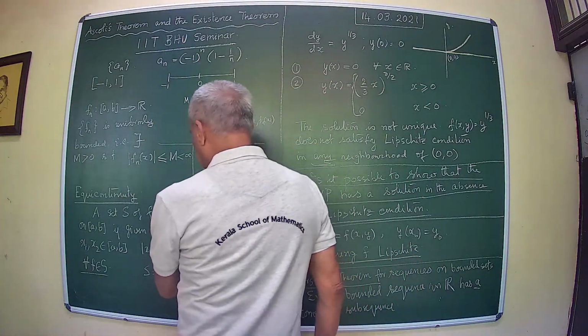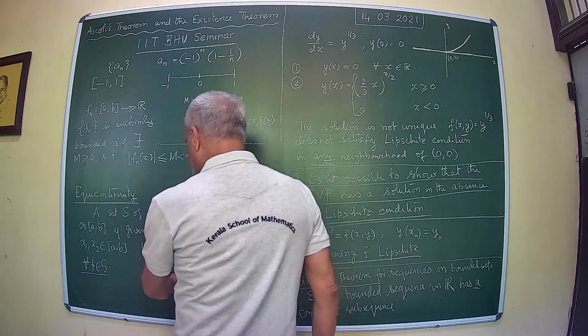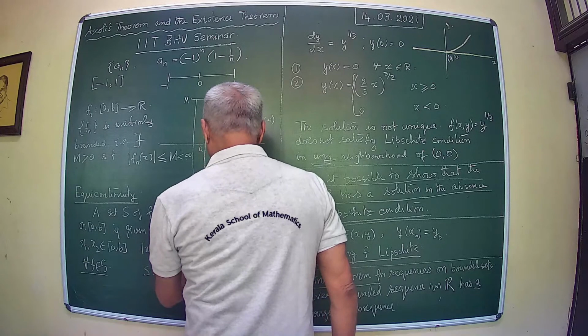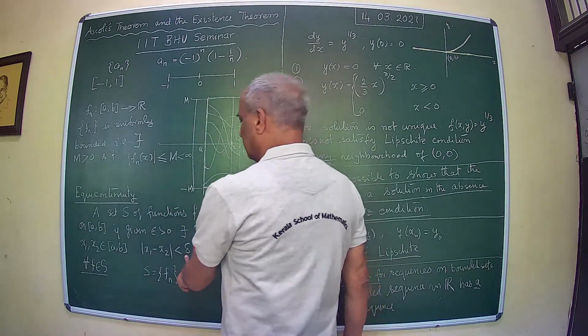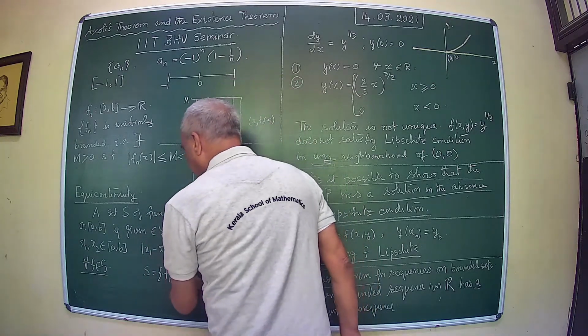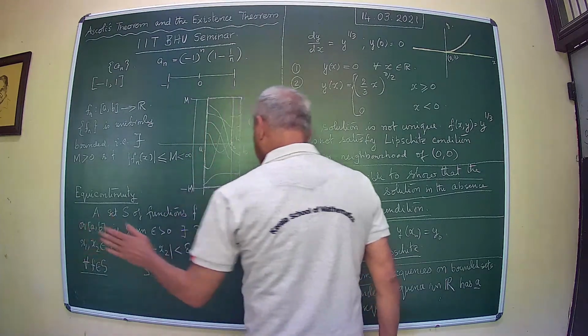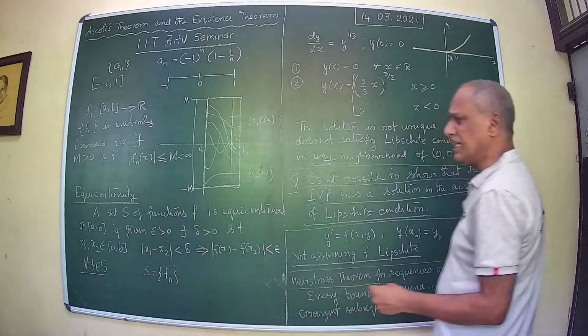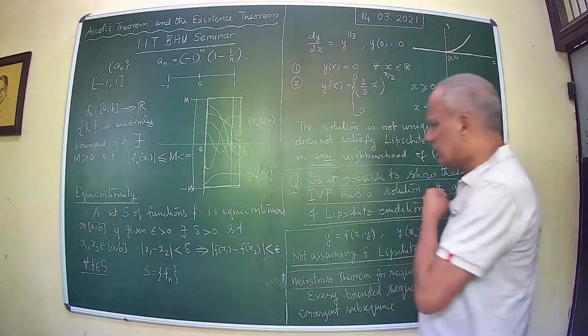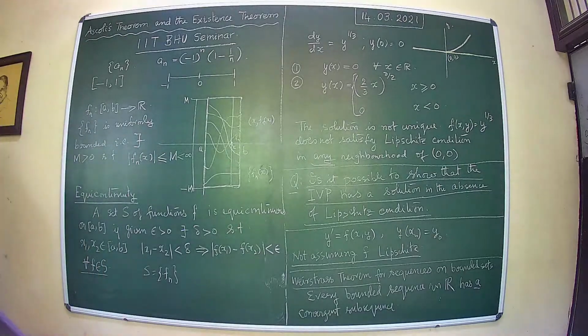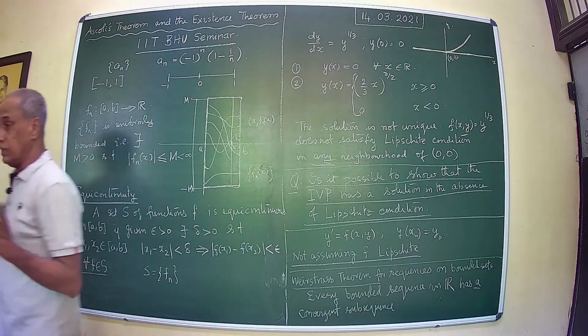That delta would in general depend on n. But what we want is a choice of delta that is independent of n, so that it is the same delta for all of S. In some way you are saying that at the same rate you have continuity or smoothness for all the functions in this collection.